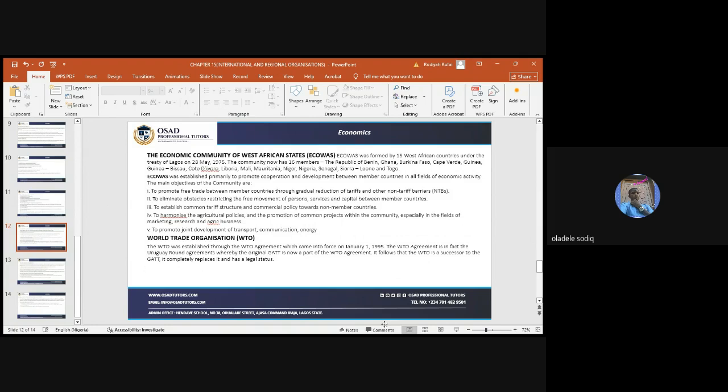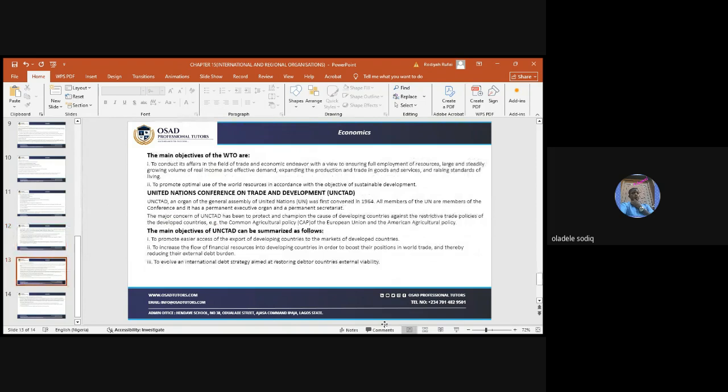Then we also have the World Trade Organization, WTO. WTO was established through the WTO agreement, which came into force on January 1, 1995. So the World Trade Organization was formed on January 1st, 1995. Please take note of that. Then what are the objectives of the World Trade Organization?